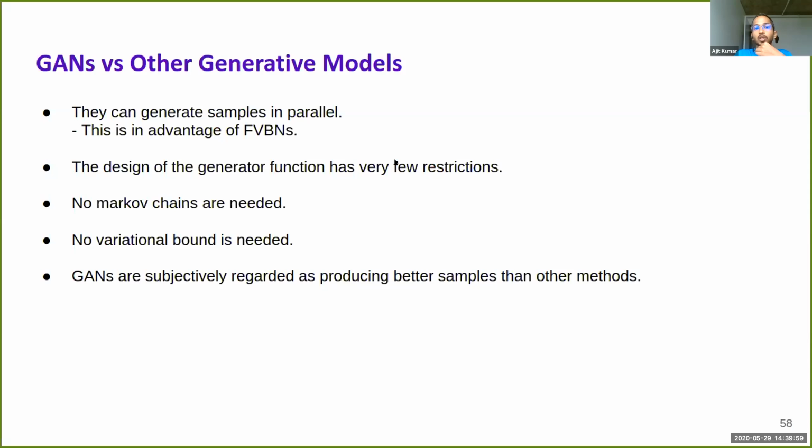But the only restriction on the model for GANs is that the model should be differentiable. We don't need Markov chains because we use the original training data that we had. We are not approximating anything, so there's no variational bound. And they produce better samples than most of the generative models that we have right now.